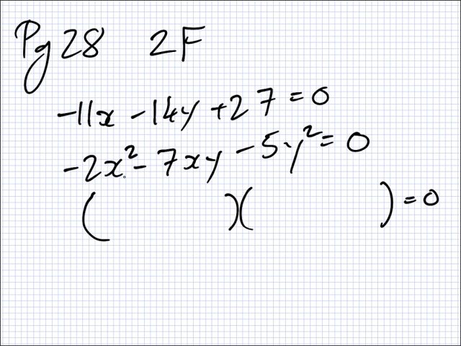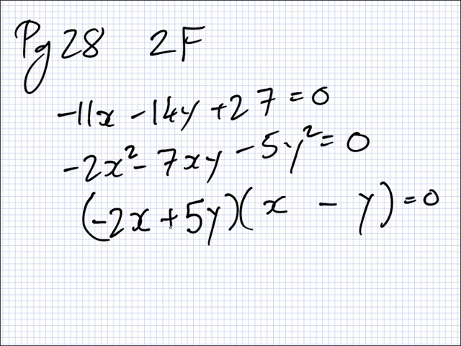Right, now hang on, let's see. A minus 2x here and maybe x here. We'll make minus 2x squared. Y and y, one of them needs to be a minus and one of them needs to be 5.